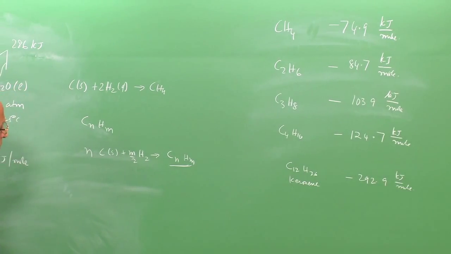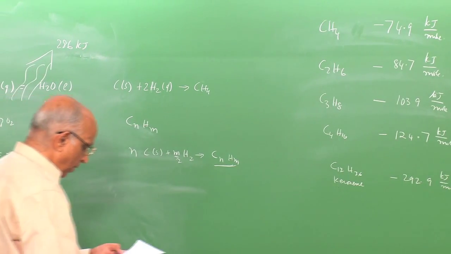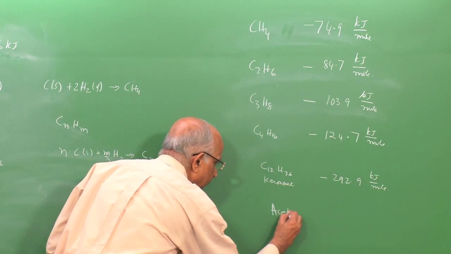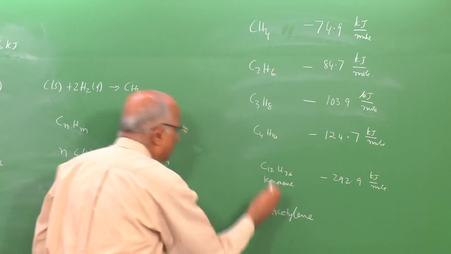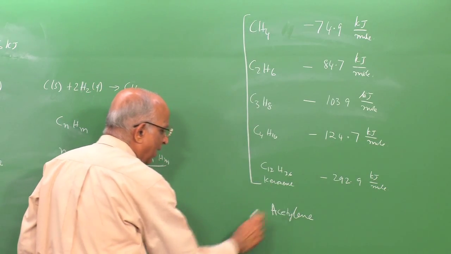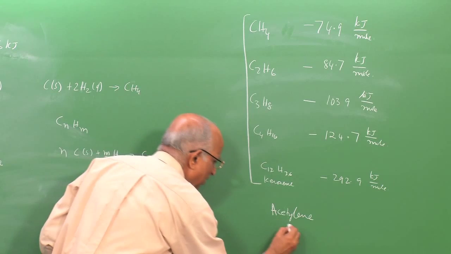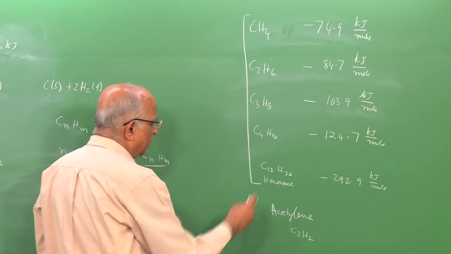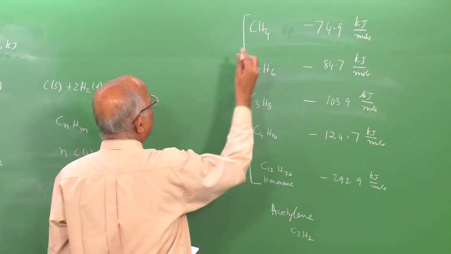Let us take 1 or 2 more substances. Well, we take acetylene, and what is the difference? See, these are all alkanes, this is an alkyne. Acetylene is C2H2, and the structure of these substances was quite simple.